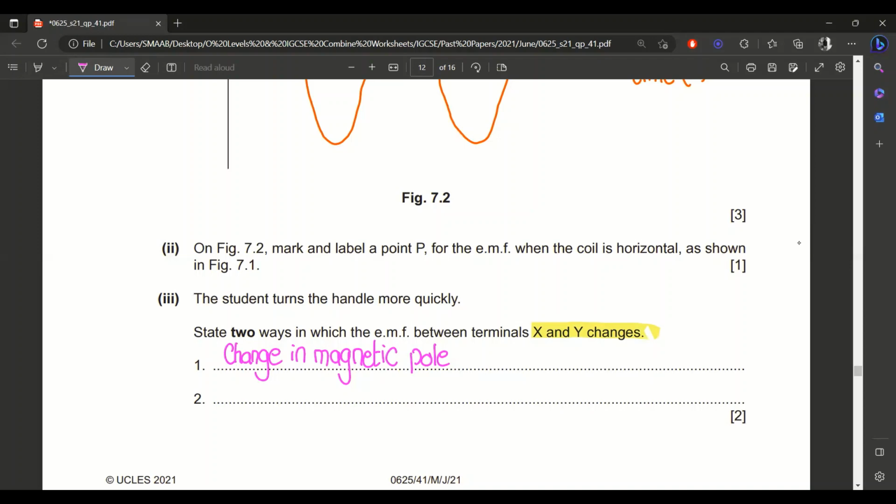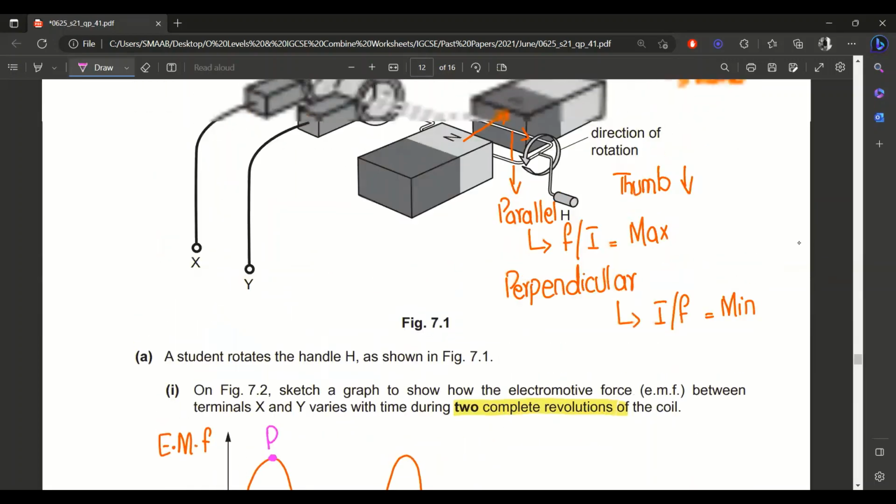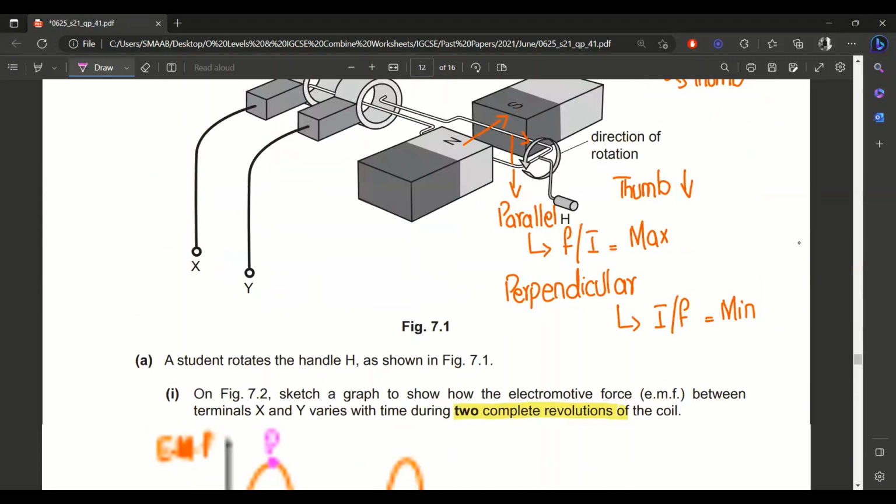So they are asking about the change. I read it wrong, that it was to increase the EMF between X and Y. So they are asking about the change in X and Y. Change in X and Y means to change the magnetic poles. And what is the second factor? EMF increases? Yes.